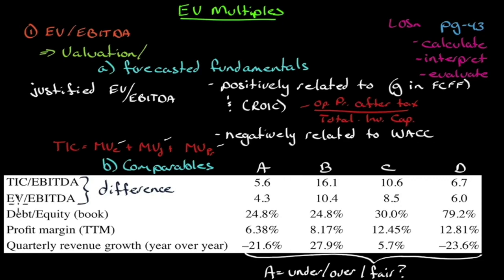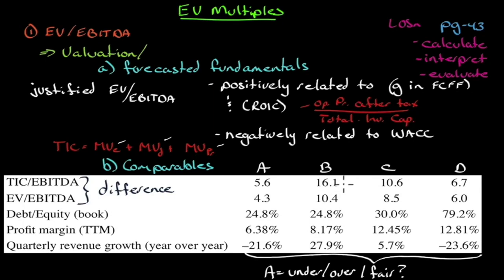So if we decrease the numerator in any ratio, what will happen to the ratio? It'll get smaller. So TIC has the bigger numerator because it includes all the cash. So if we look at all of them, by the way, we can see they're all higher than the enterprise value to EBITDA. Well, not significantly, but they're higher. So it gives us an idea of how much cash we're talking about.